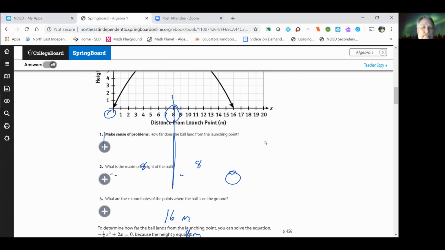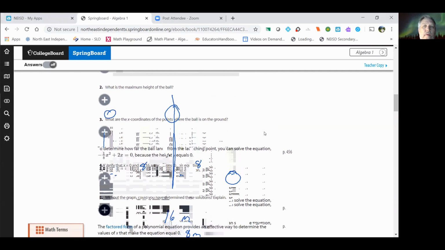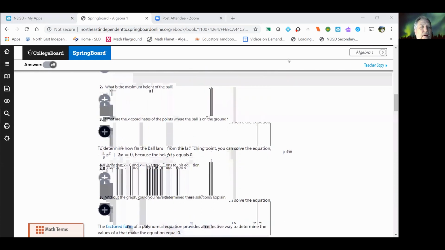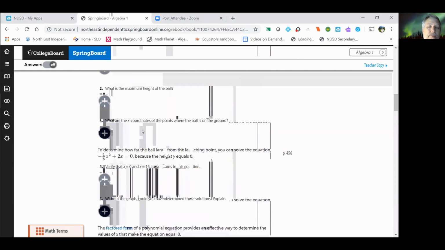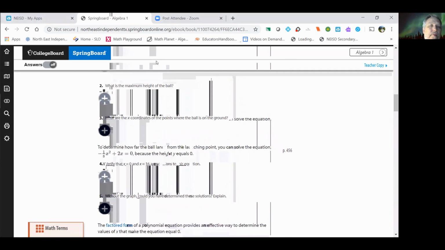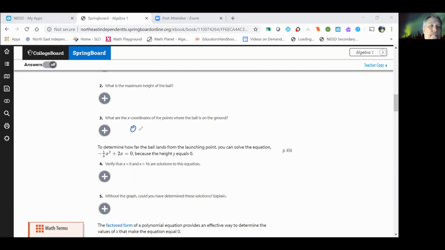All right, item 3: what are the x-coordinates of the points where the ball is on the ground? Obviously it's on the ground at 0, 0. That's going to be one of the points. And what's the other point going to be?